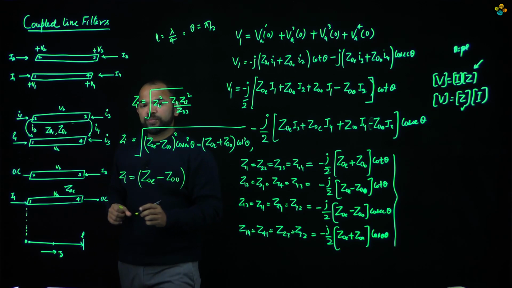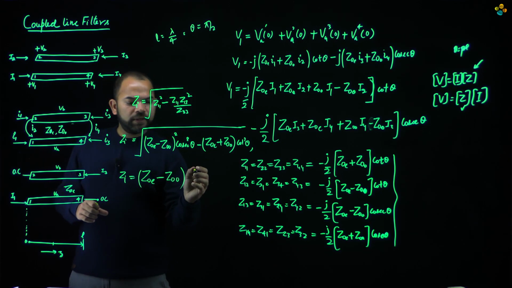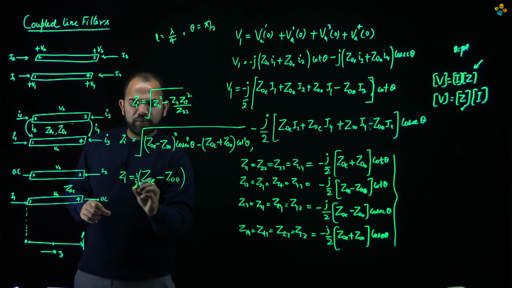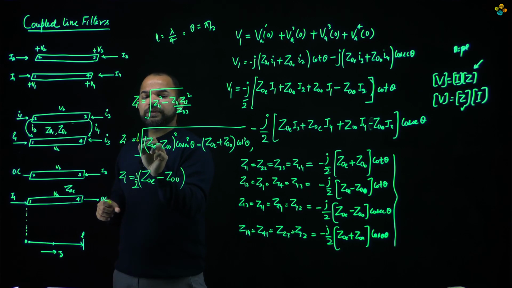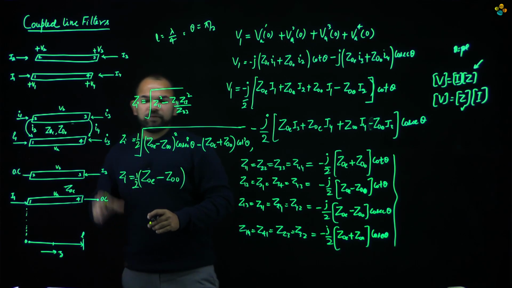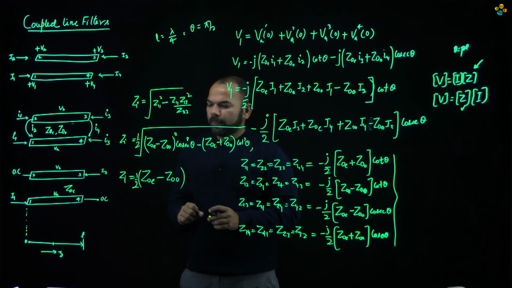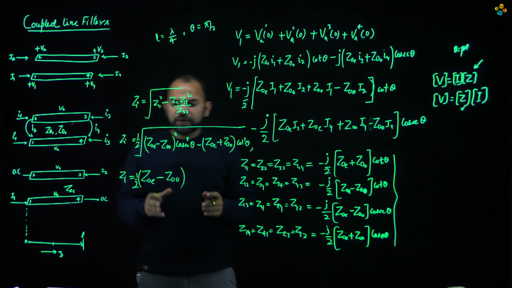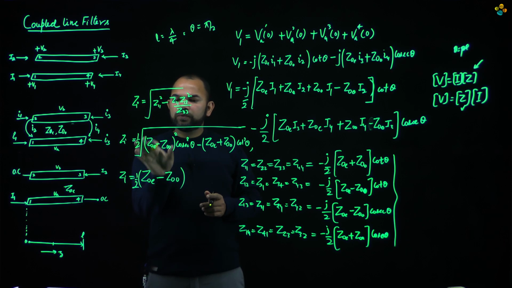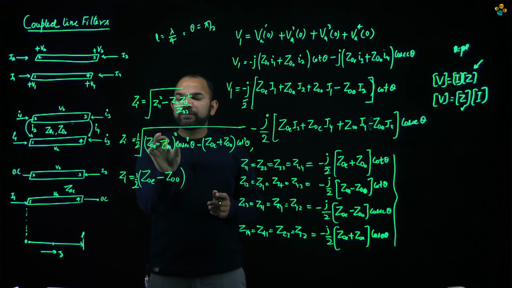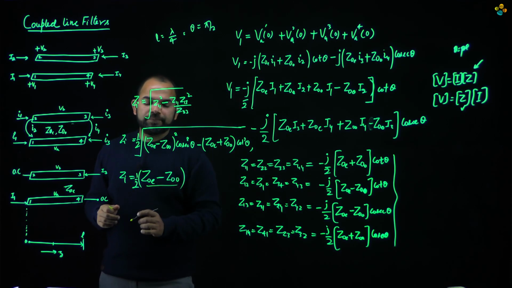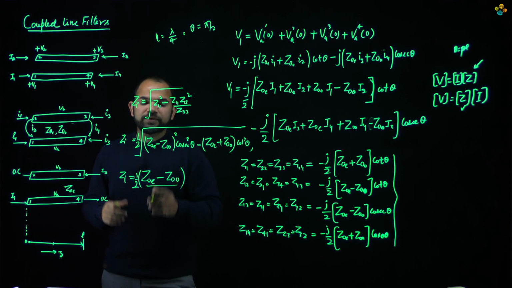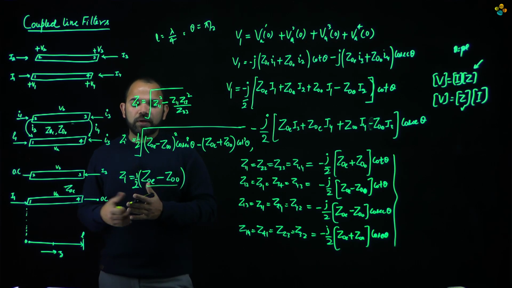So this is a very simplified relation, and 1 by 2 also comes out of this expression. So if we simplify, you will have 1 by 2 here. It is very important to observe that because of some cancellations, we have this square root, and there is a square. If the expression within the square root is negative, it cannot give us a real value.